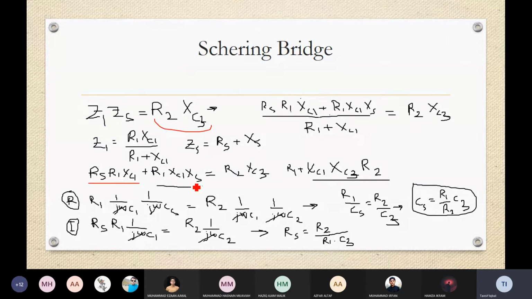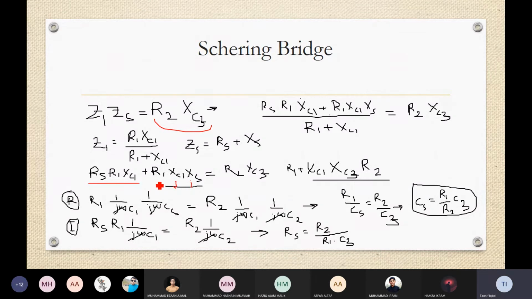So now we have four components, and in these four components we have the first component with one XC1, whereas in the second component we have two: XC1 and XS. So two imaginary components multiplied together will give us a real component. So again the real component must equal the real component, and the imaginary component must equal the imaginary component.